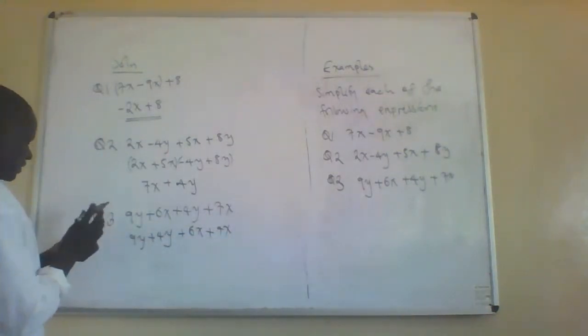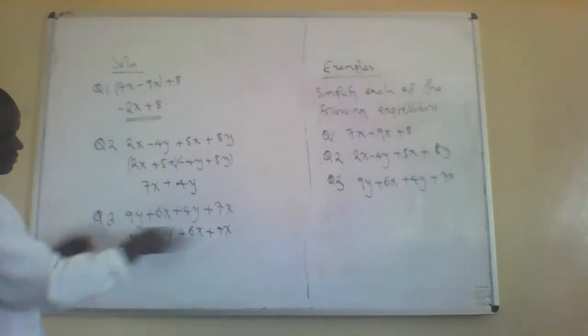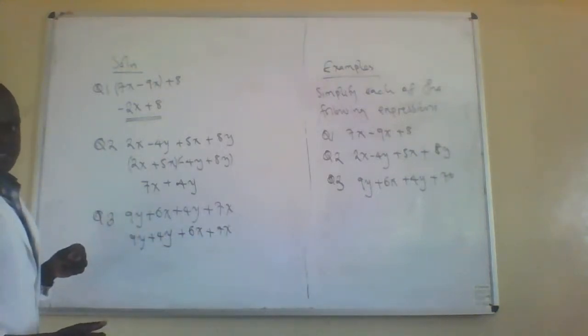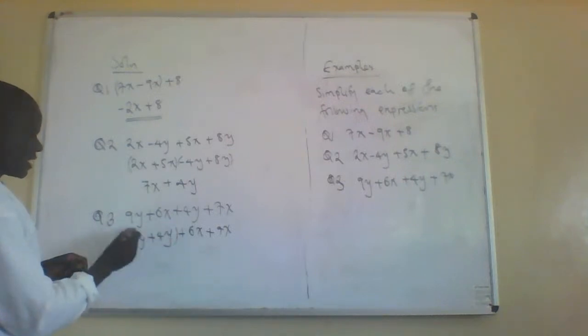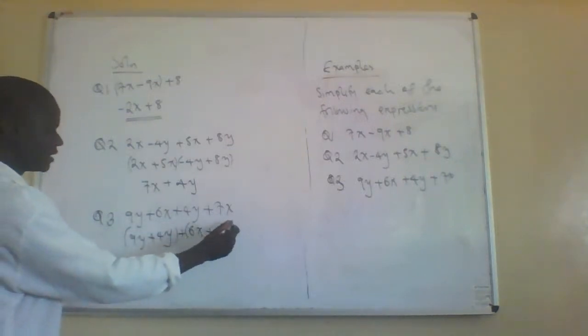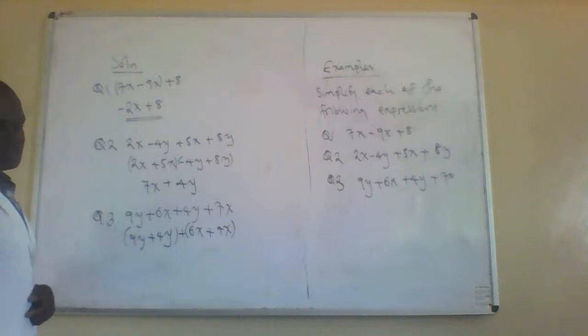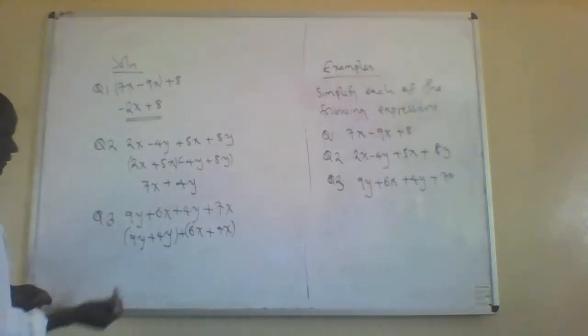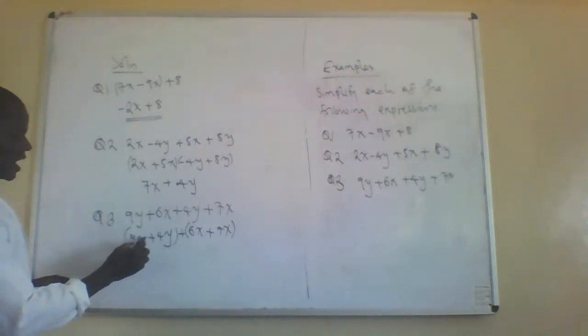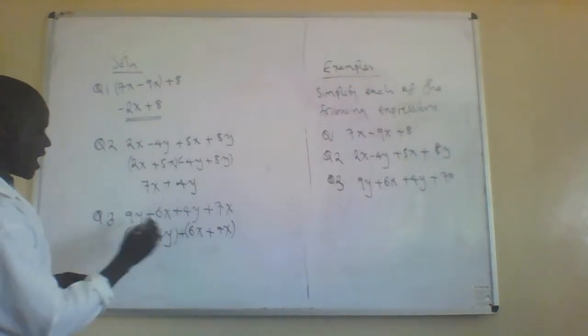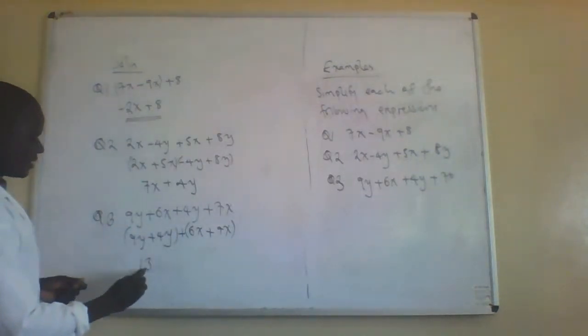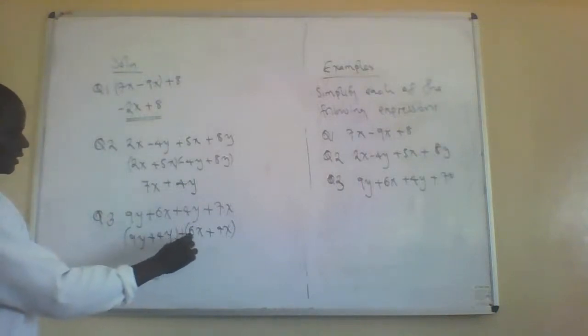Here our work is so easy. Why? Because throughout, the sign is the same. So we're just going to add these like terms here. We also add these like terms here without considering which sign we are going to pick. So when you add 9y to 4y, we are going to have 13y.